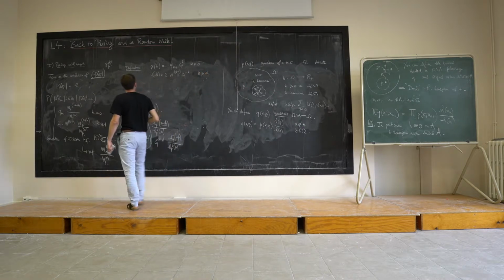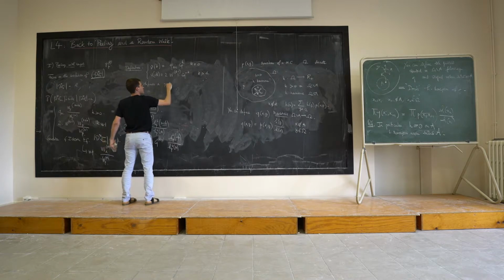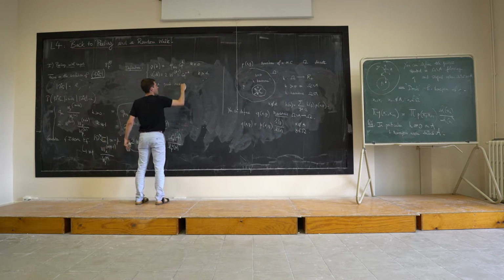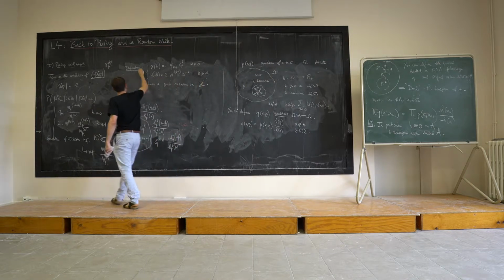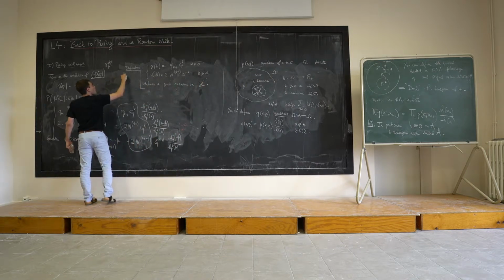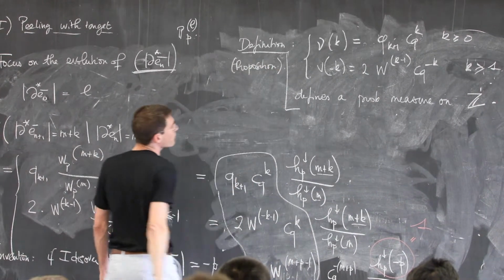This defines a probability measure on Z. So it's a definition and actually also a proposition, which I'm not going to prove.